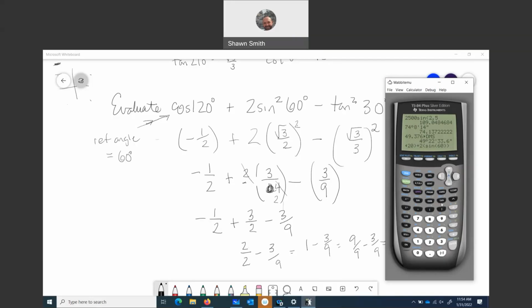So close that and square it. Minus tangent, same thing. Parentheses, tangent of 30. Close off 30, close off tangent, square it. And there is my decimal.